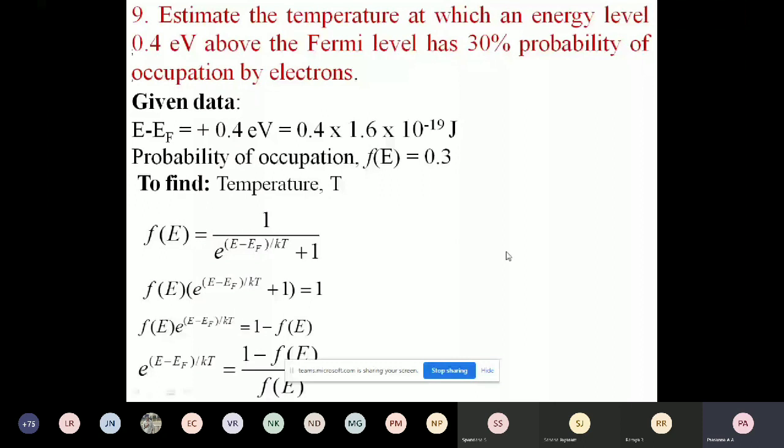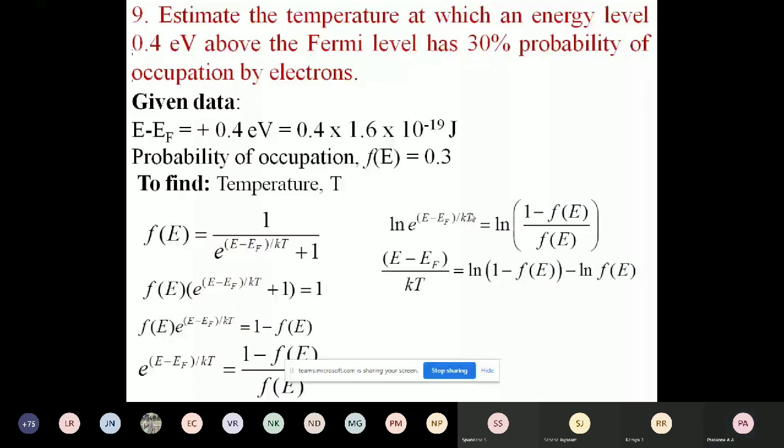Log base e. Natural log means log base e. So you know that log base e of e power x is simply x. That is the basic definition. Because ln, the natural log of e having some power, will give you only the power, this one, only E minus EF by KT.